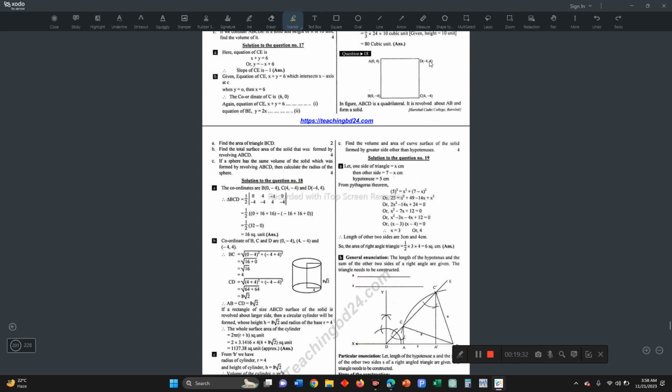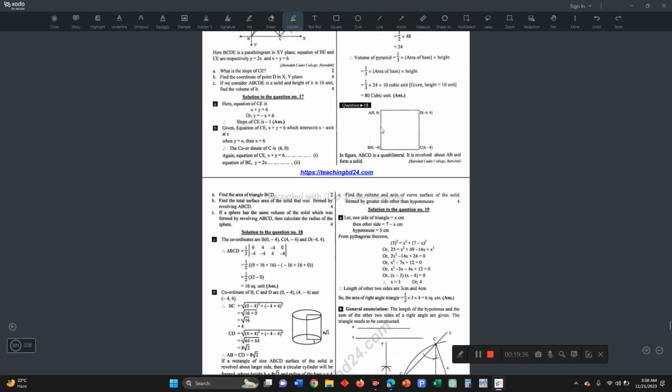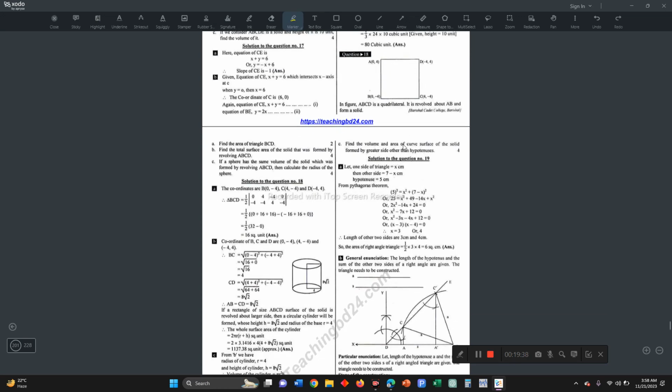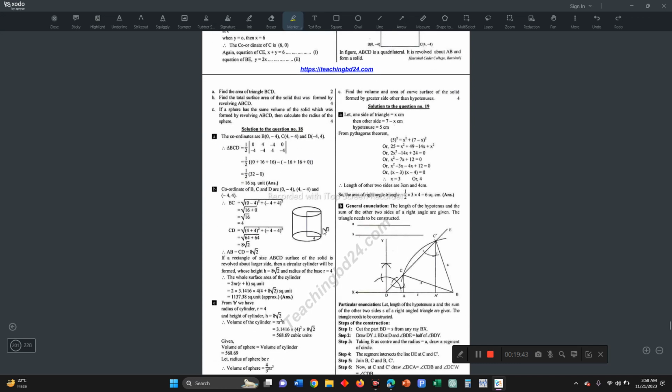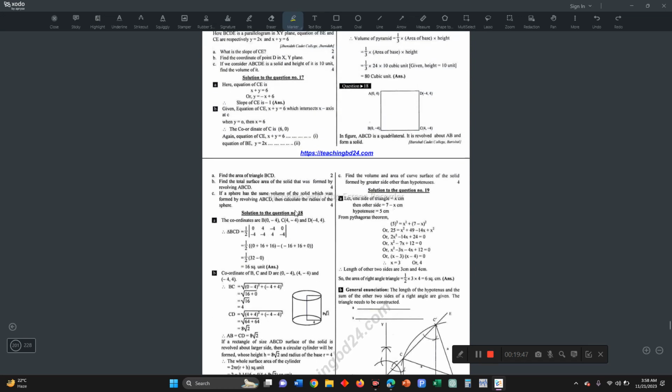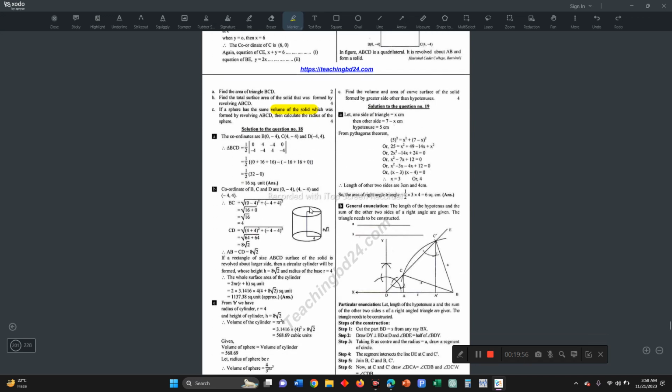They have done this, but we don't need to determine all these values. What we need is the length and radius for the cylinder, so that we can easily determine the required parameters, I mean the volume of the solid of the cylinder.